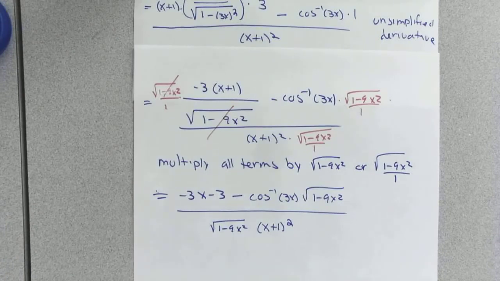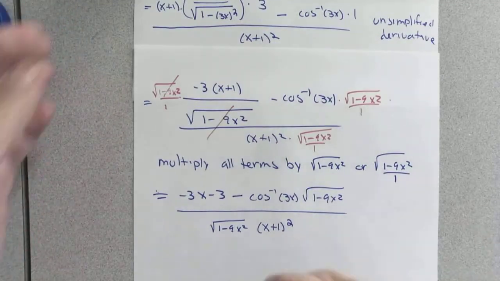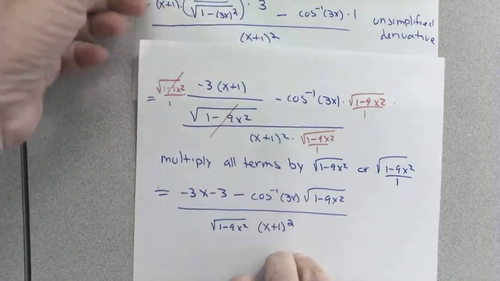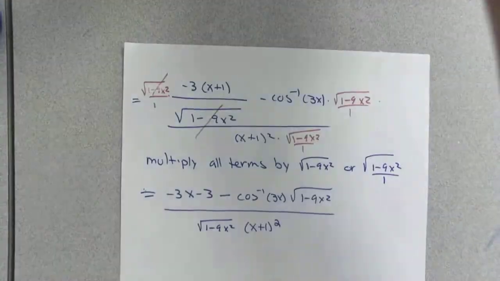And there's my simplified derivative. There is nothing else I can do. Nothing cancels. That's it. Okay, so that was our practice with sine inverse, and then we had a cosine inverse.